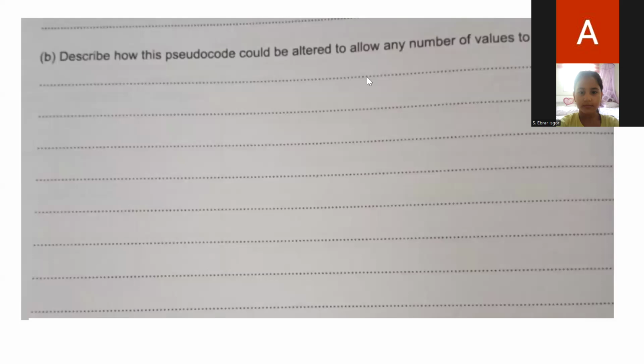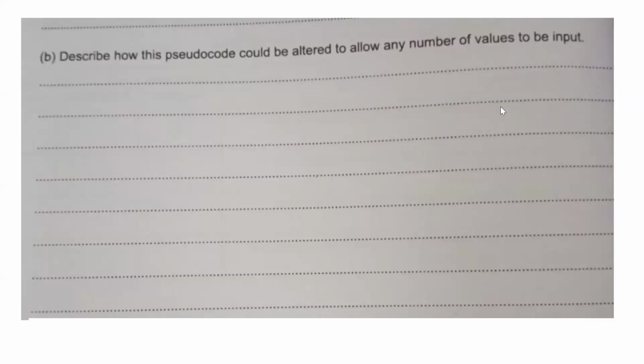Yes. First page we have solved already, okay? There are 3 pages. The first page you have the table and input A, input B. The first page we have already solved. This is the second page. It says describe how this pseudocode could be altered to allow any number of values to be input. Got it?